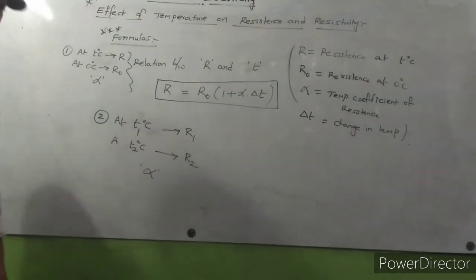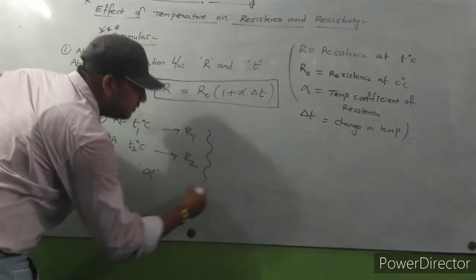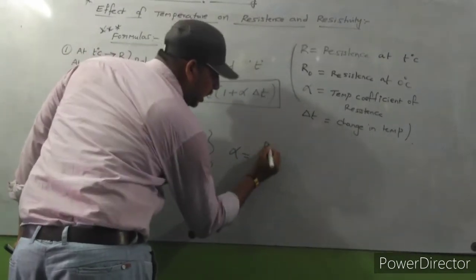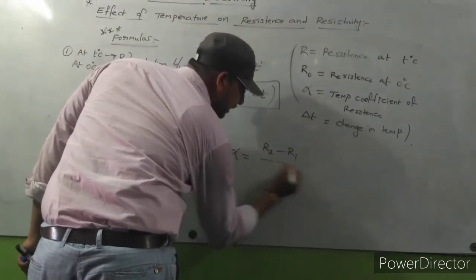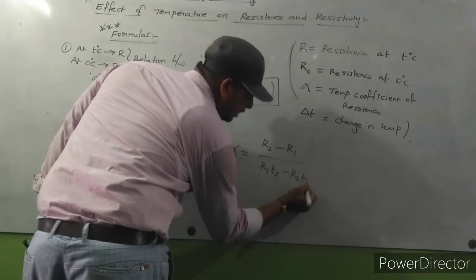Then the alpha formula is alpha equals R2 minus R1 by R1 T2 minus R2 T1.